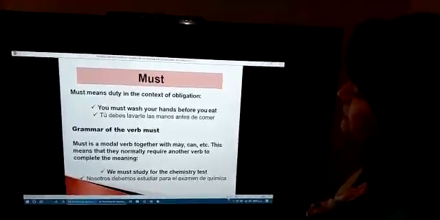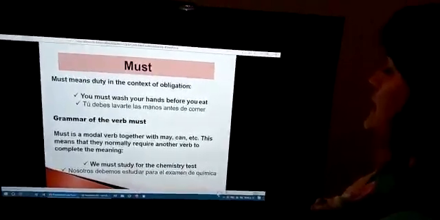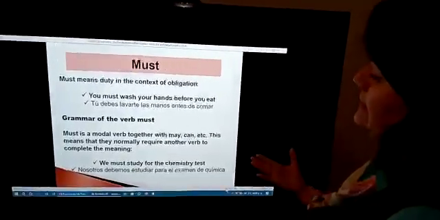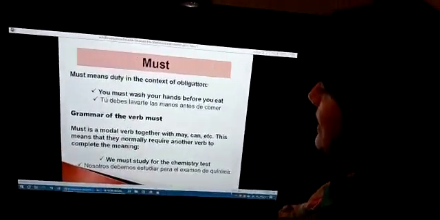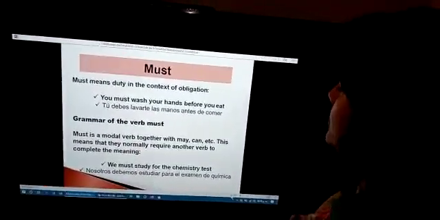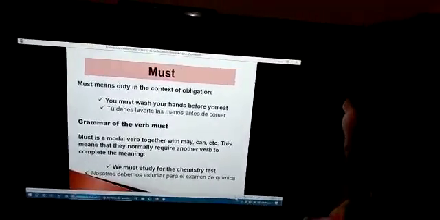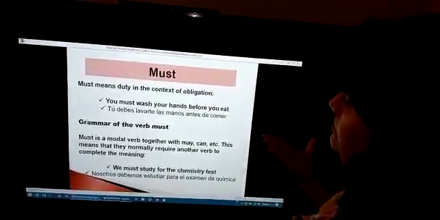Look at the example: we must study for the chemistry test. This is the first example. In Spanish: nosotros debemos estudiar para el examen de química.